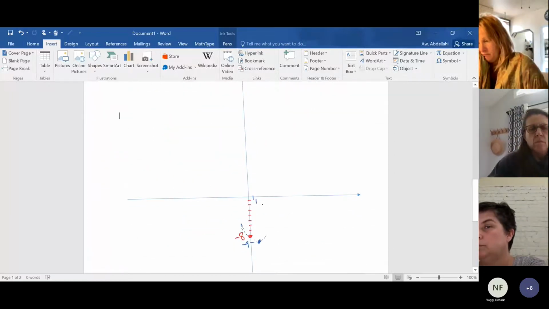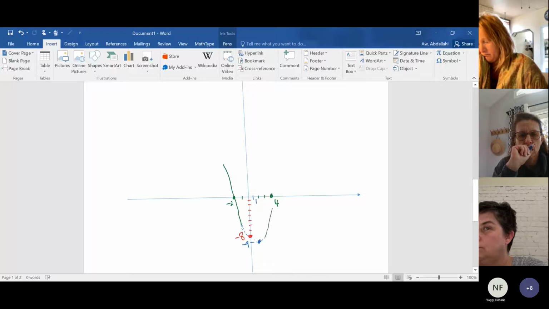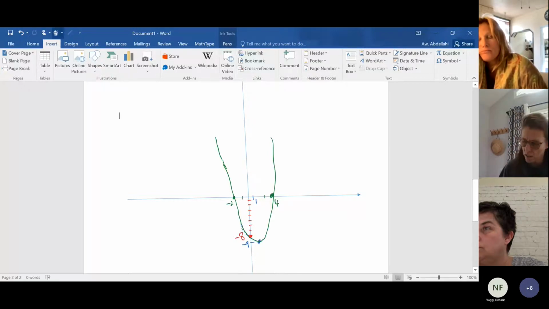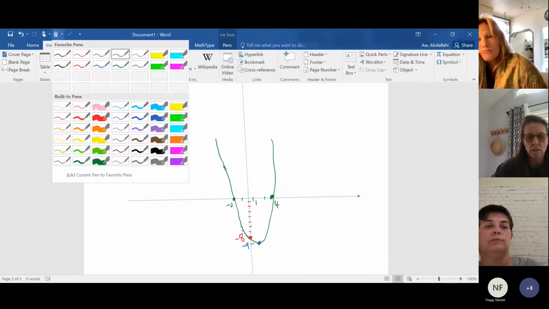I have 4, 0, which is 1, 2, 3, 4, and negative 2, 0, which is 1, 2. These are the x-intercepts. My graph will be like this, right? Everybody see that? This is a parabola.